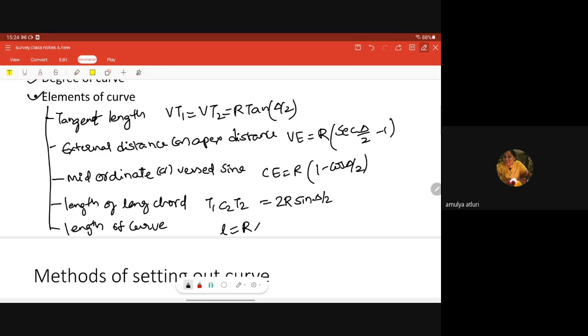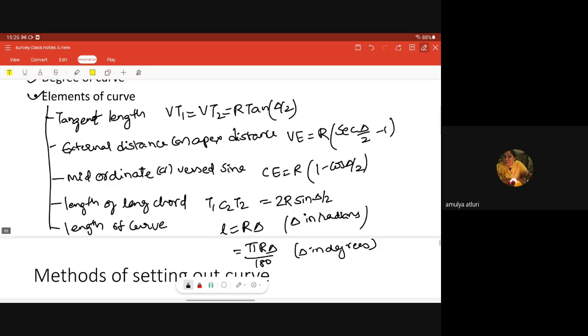R into delta, where delta is in radians. If it is in degrees, then it is pi R delta by 180. If it is in radians, L is equal to R into theta, the angle subtended by it.